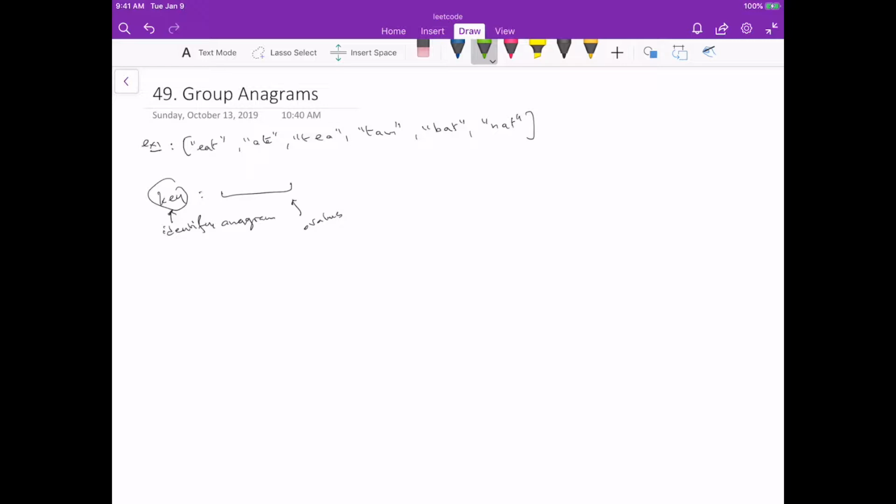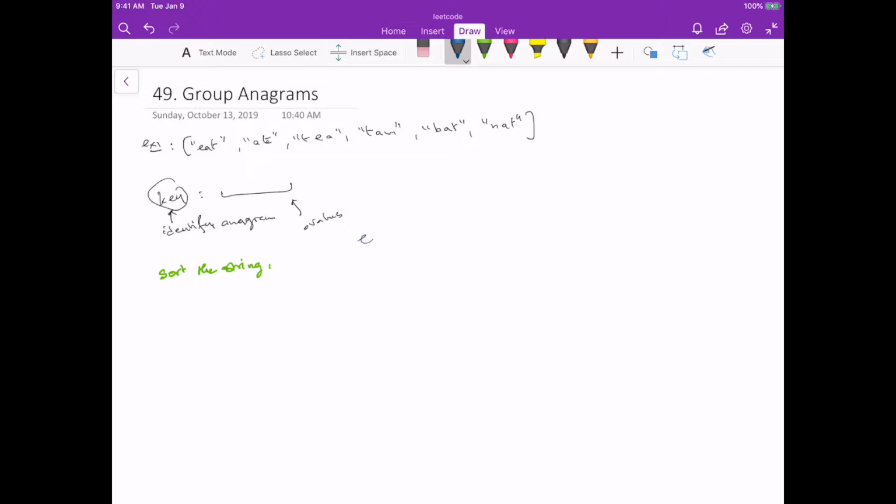So the first thing we can think of is just sorting the string, because when we sort a string, the sorting gives us a unique key, right?